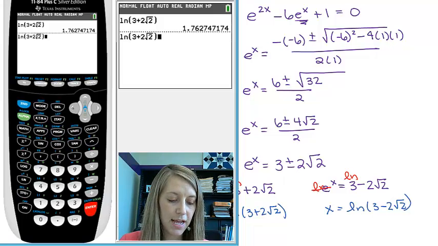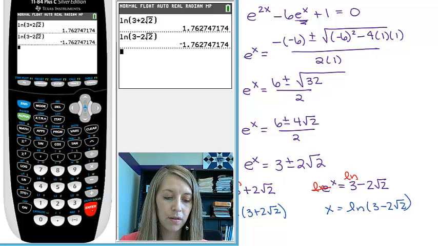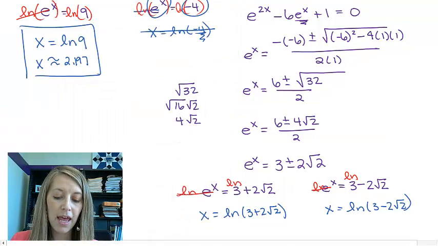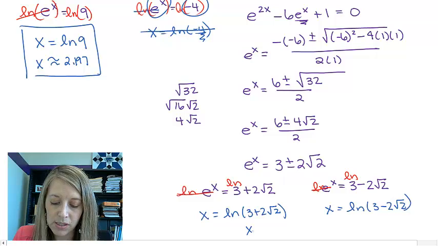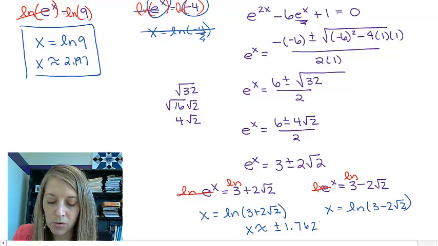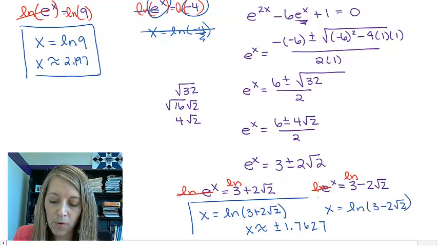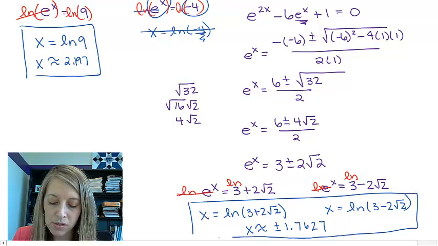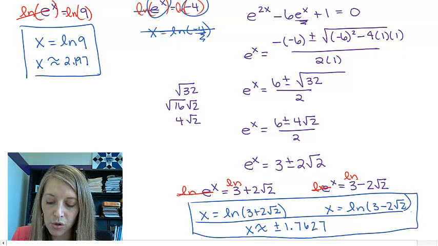And then if I did natural log of 3 minus 2 root 2, that gives me my second solution. And so I have 1.7627 and negative 1.7627. So those are my approximate answers, positive and negative 1.7627. So depending if it wants exact or approximate answers depends upon which answer you would submit.